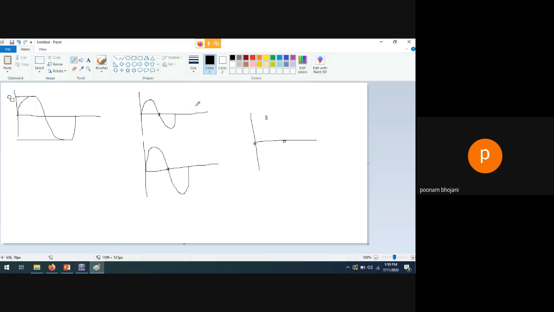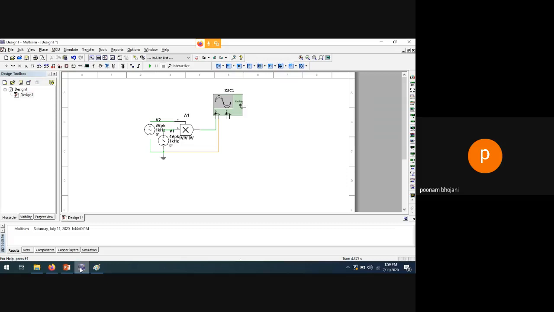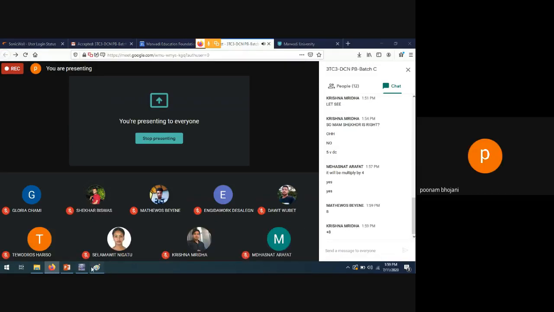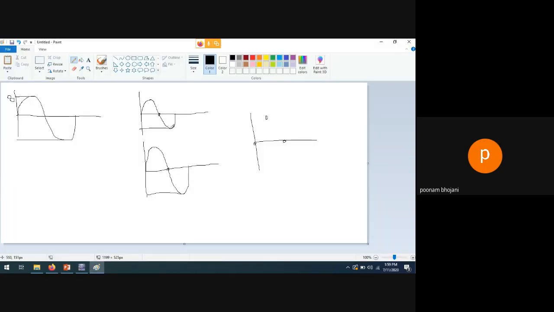So you will get 0. Now this is minus 2. This is minus 4. Can anyone say what is the multiplication? Minus 2 into minus 4? Anyone? Minus 2 into minus 4 means plus 8. Yes, plus 8. So whenever you multiply these 2 points, you will not get minus 8.